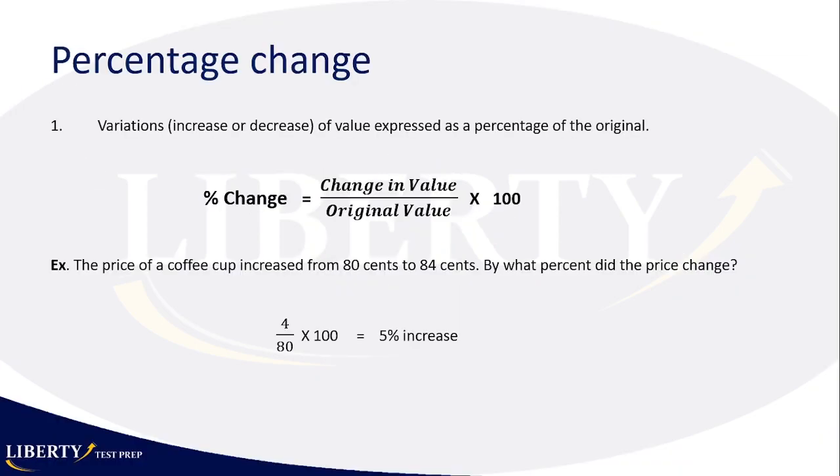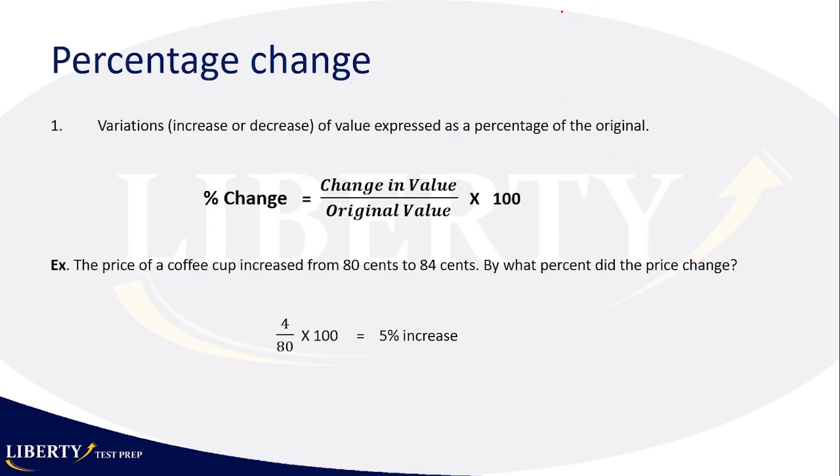So now let's move on to the next theory, and we have percentage change. Percentage change tells you the difference in percentage between an increase or decrease in a value, so variations, increase or decrease of a value expressed as a percentage of the original.